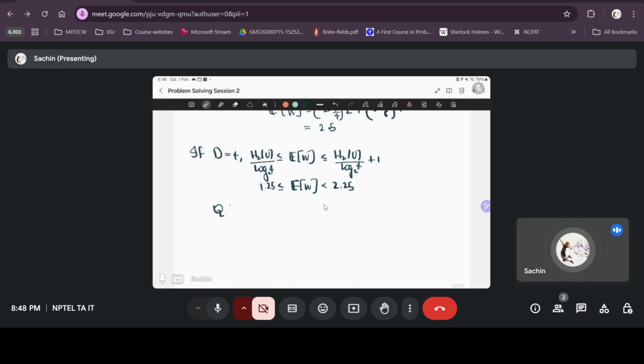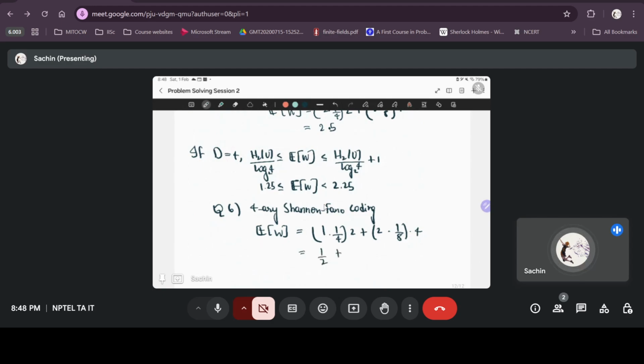So we saw in question 6 for Shannon-Fano coding that E of W was one symbol code for messages with probability 1/4 and two symbol codes for messages with probability 1/8.